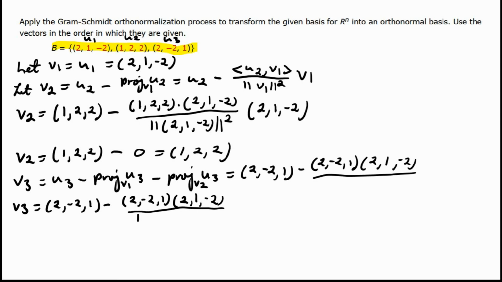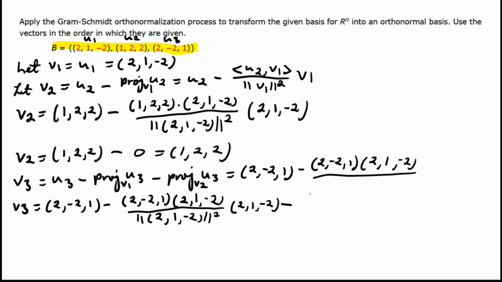So it's all over the norm of v sub 1 squared times v sub 1. Then now minus the projection of u sub 3 onto v sub 2.